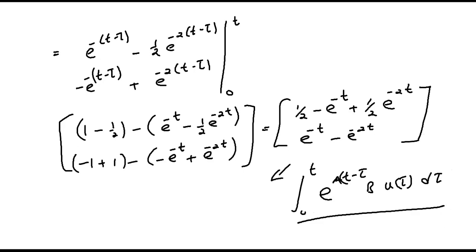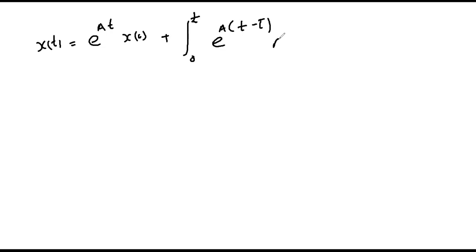Finally, to obtain the solution for our x of t, which we said is exponential at x of 0 plus the integral from 0 to t of exponential a(t minus tau) b u of tau d tau, we take the state transition matrix and we multiply by x of 0, which was 2 exponential minus t minus exponential negative 2t.